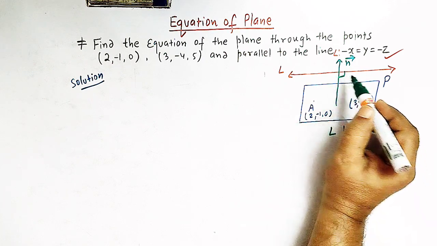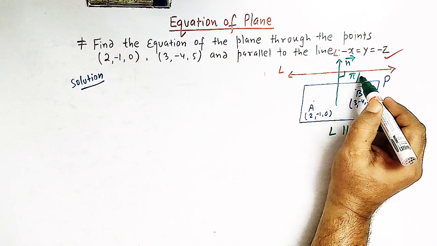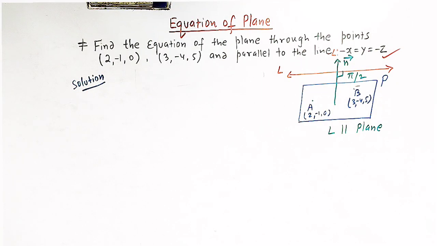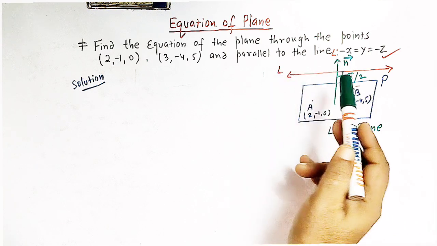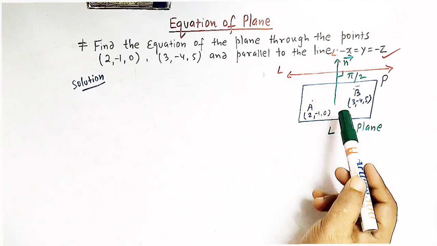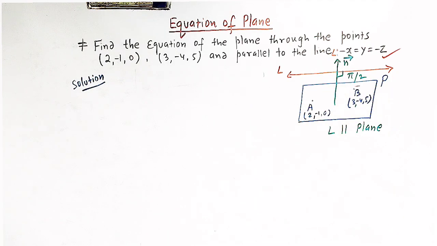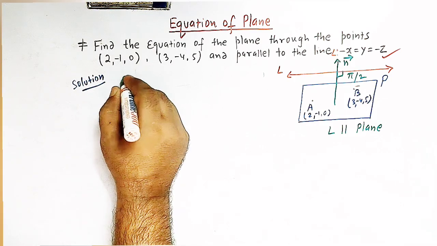So here we have the angle that is pi by 2. So whenever a line is parallel to some given plane, then the line must be perpendicular to the normal vector to the plane P, right?